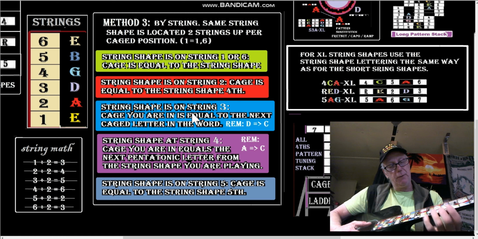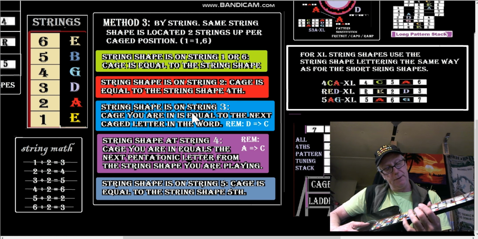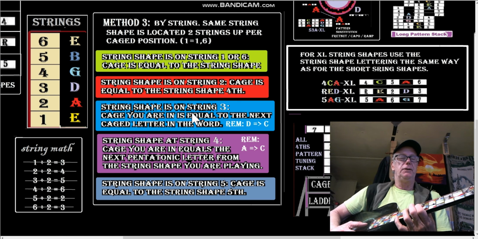Alright, let's try one that's a little easier in the meat of things. Let's say we're on an A string shape on the third string. And I go blank, I'm in the middle of a solo.